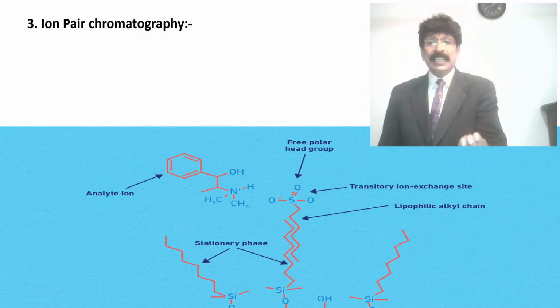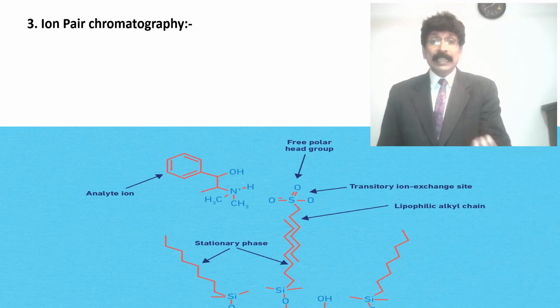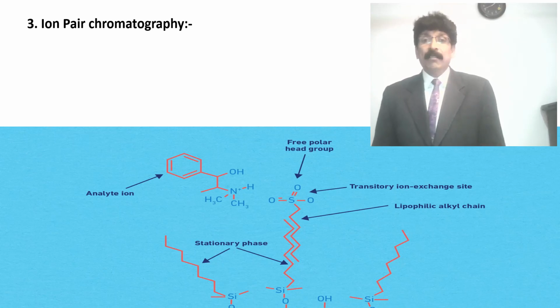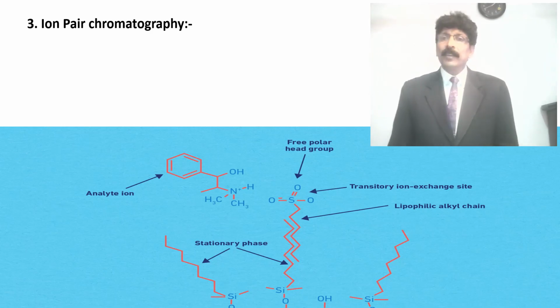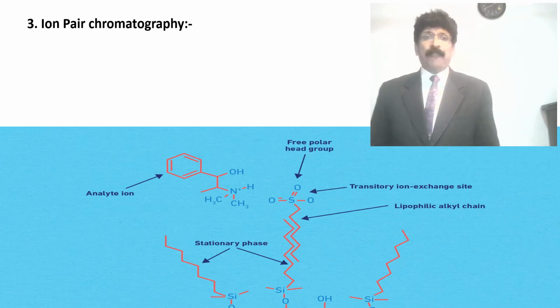You can see that structure, a free head group, which can be linked with a pair of positively charged nitrogen, shown as that tertiary nitrogen, which can become a salt, a quaternary ammonium compound of ion pair chromatography, the analytical ion.